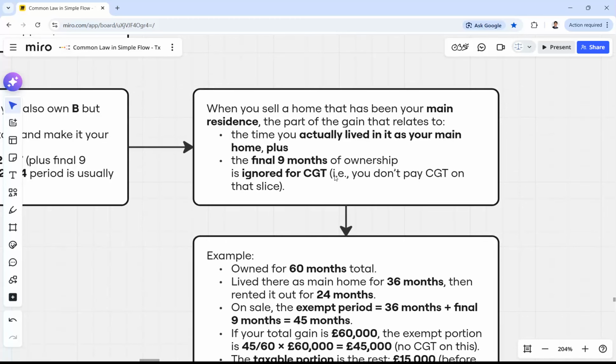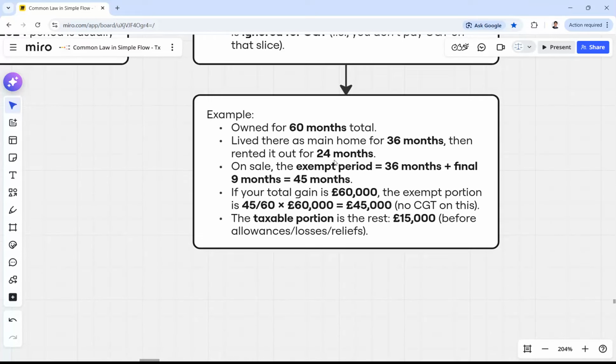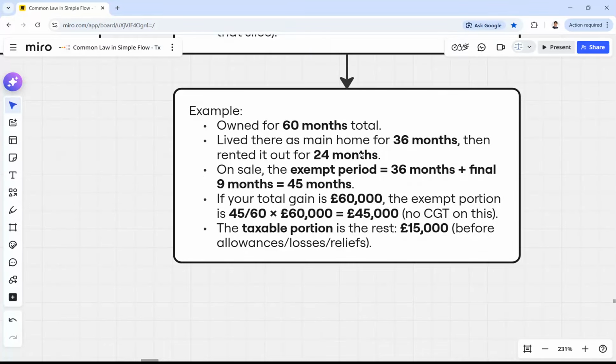When you sell a home that has been your main residence, the part of the gain that relates to the time you actually lived in it as your main home, plus the final 9 months of ownership, is ignored for CGT. You don't pay CGT on that slice. Example: owned for 60 months total, lived there as main home for 36 months, and then rented it out for 24 months.